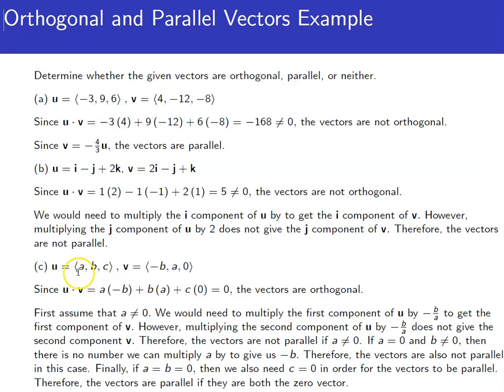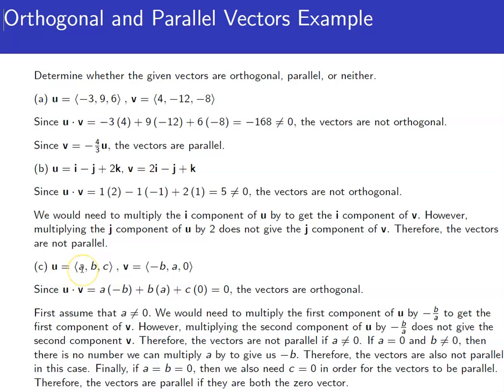I would have to multiply it by -b over a to get the -b for the v part. However, if I multiply that by the b, I do not get a in the second component for v, because I get -b squared over a, which is not a. So if a is not equal to 0, then they're not parallel.